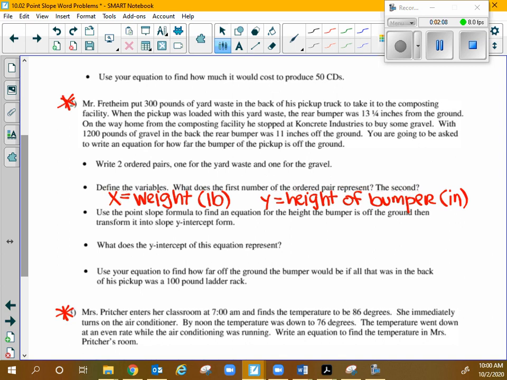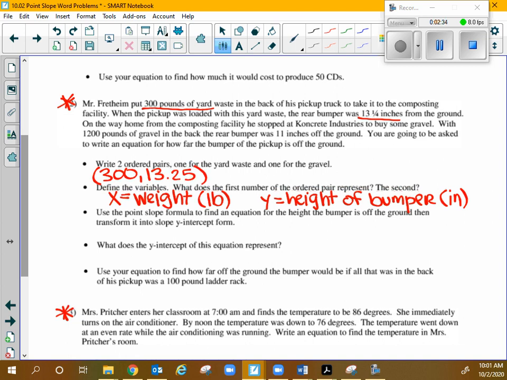So he loaded his truck twice, which means what do we have? 2 points. The first time he put 300 pounds, and what was the height? 13¼ or 13.25. So our first ordered pair is 300, 13.25.